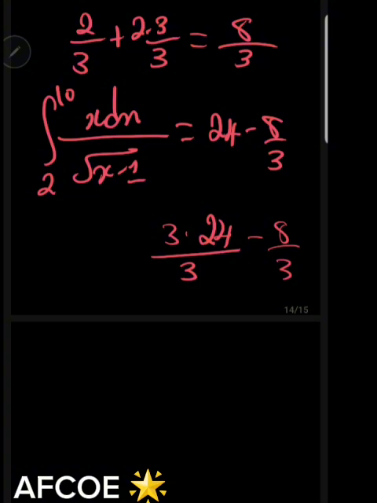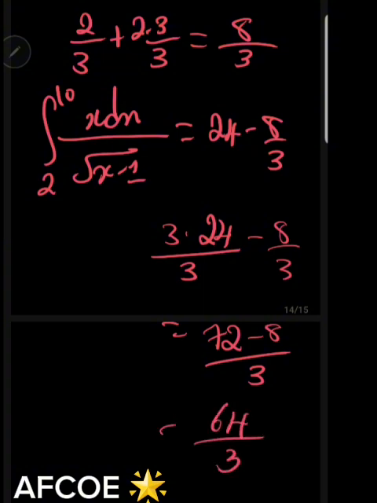So 24 times 3: 3 times 4 is 12, you have 2 and carry 1. 3 times 2 is 6 plus the one we carried, 7. So 72 minus 8 over 3. 72 minus 2 is 70, minus 6 is 64 over 3. So our integral will be equal to 64 over 3.